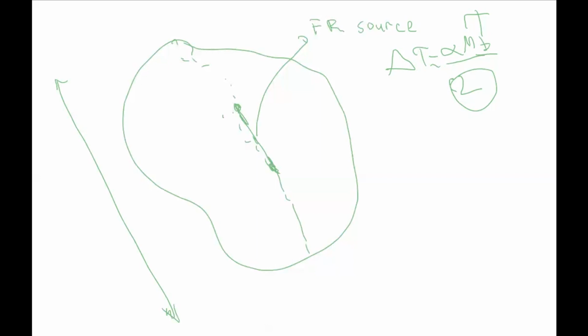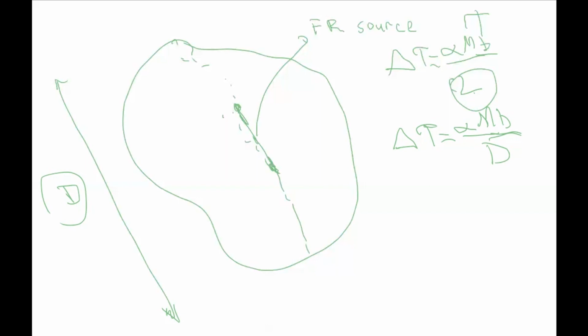Let's say this is D, the grain size, and the minimum stress that activates the Frank-Read source to generate dislocation is, instead of L, we will use D, mu B over D. Once we have this excess stress, we will have dislocation motion.